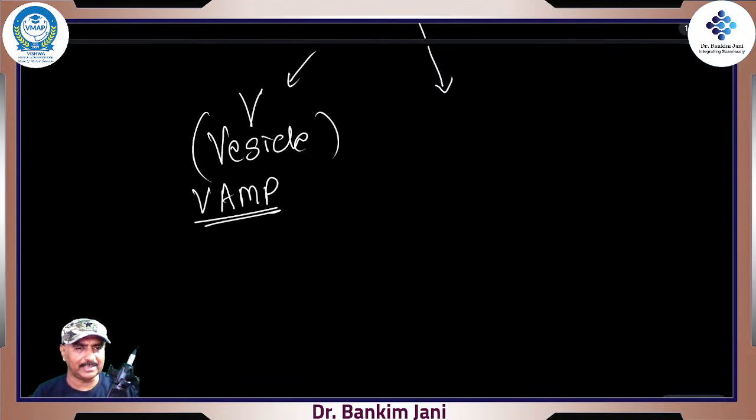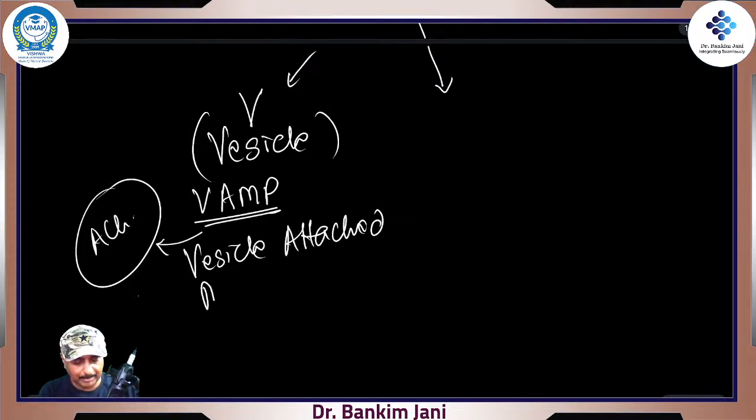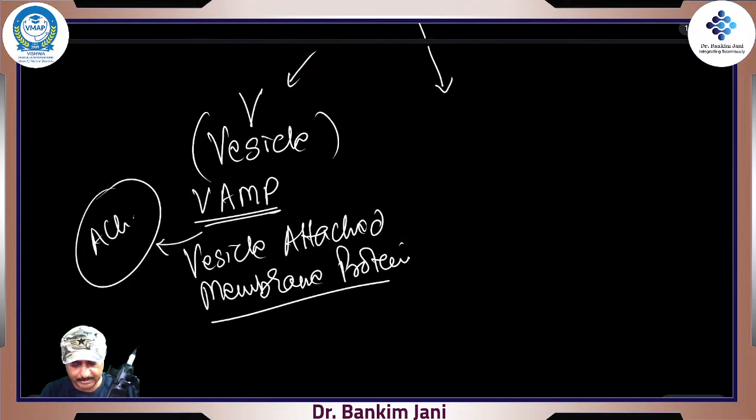VAMP is very easy: vesicle associated membrane protein. This is the vesicle in which there is acetylcholine. Makes complete sense, right?